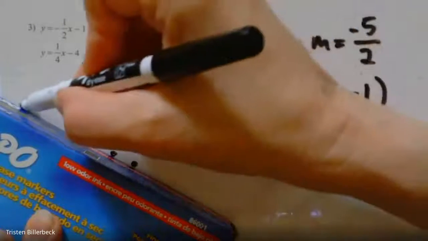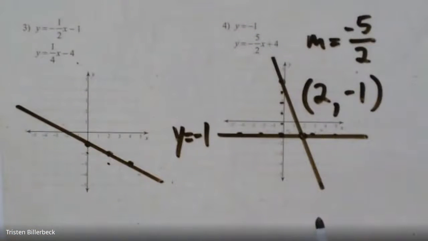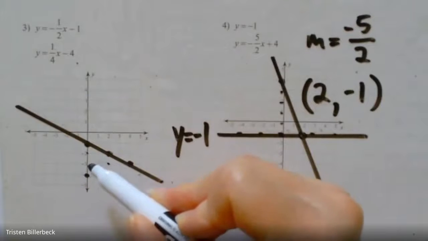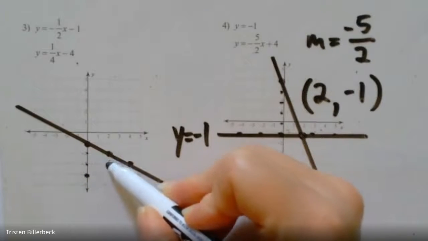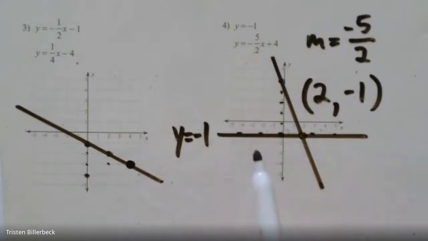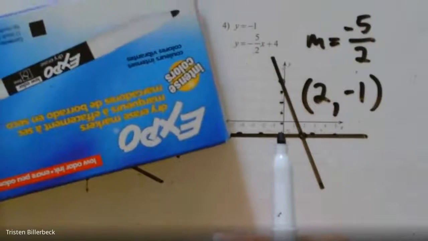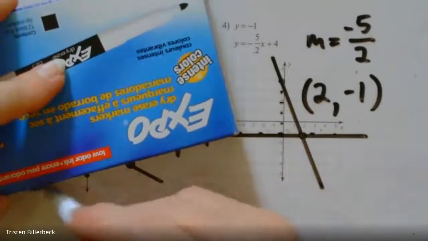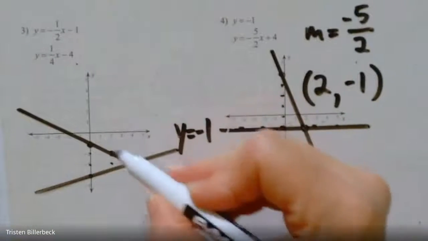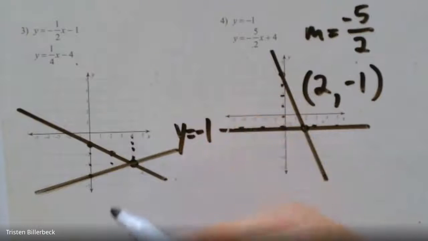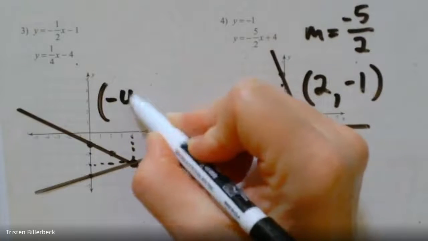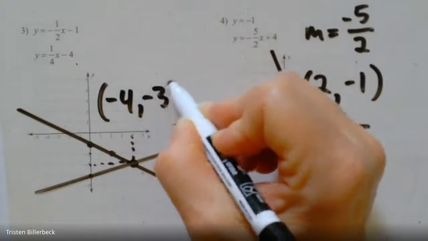You really only need 2 points, but the third point sometimes helps you out. So then we go down to -4, and we're rising 1, and we move 1, 2, 3, 4, and we see the intersection right there. We draw a line, and our solution then, see how it's dropping down from y is 4 and -3. So our solution is -4, -3.